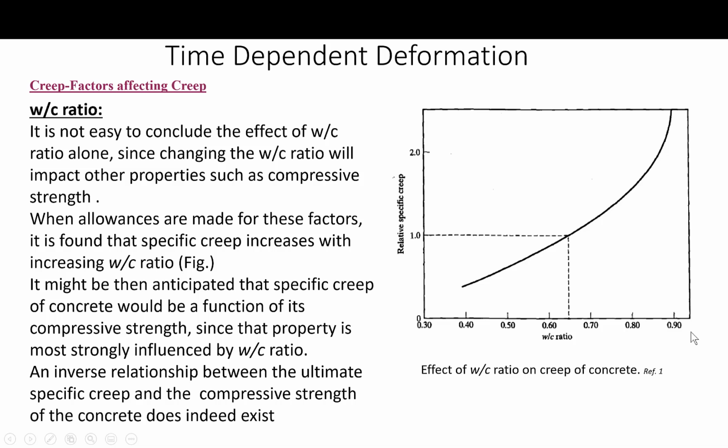So it might be anticipated that creep of concrete would be a function of its compressive strength, since that property is most strongly influenced by the water cement ratio. An inverse relationship between the ultimate specific creep and the compressive strength of concrete does indeed exist, confirming what I just said.